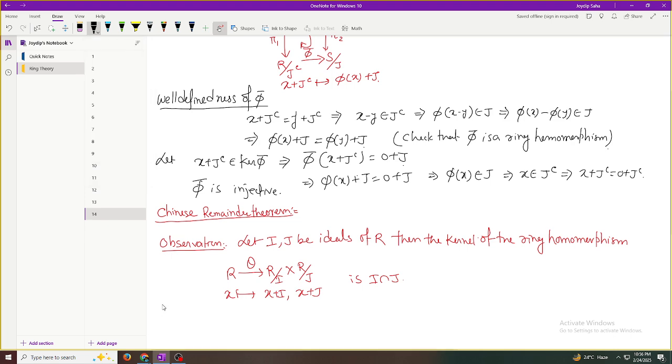Proof. Check that theta is a ring homomorphism.